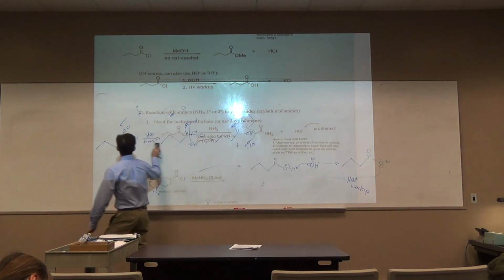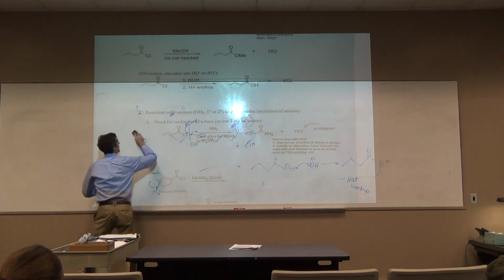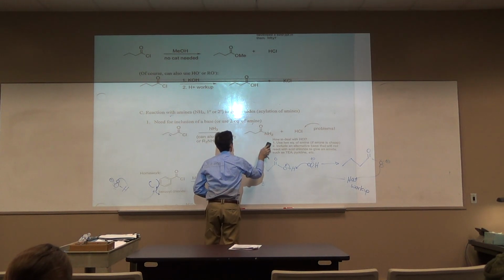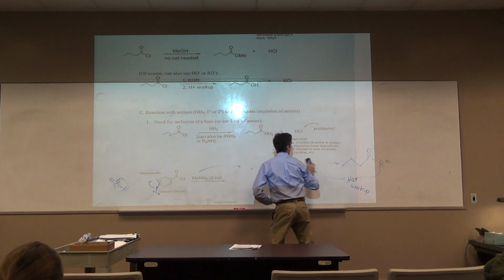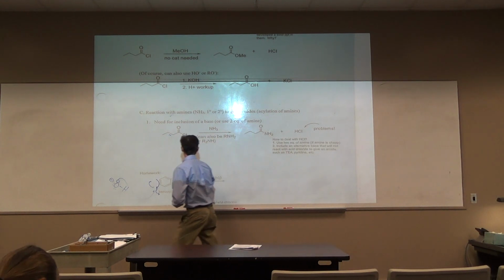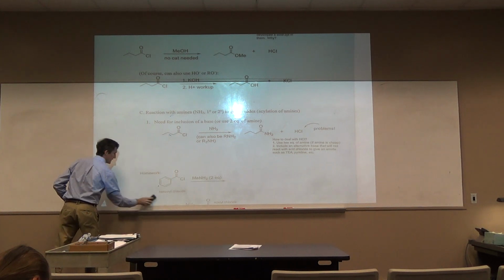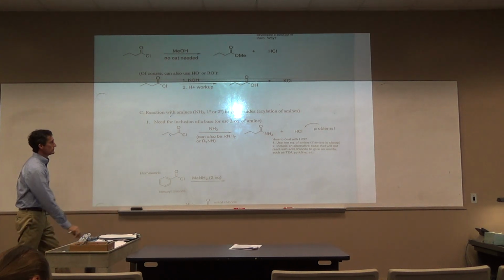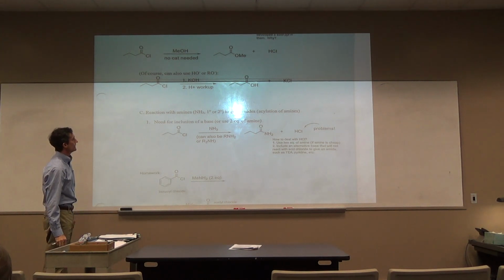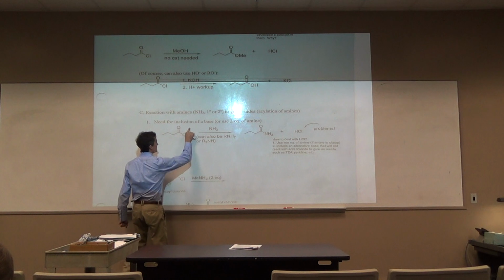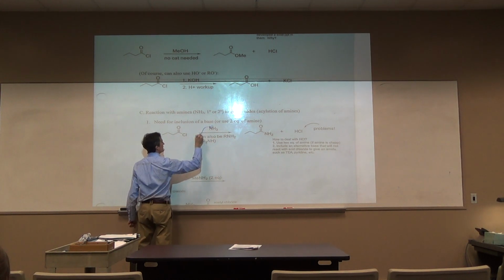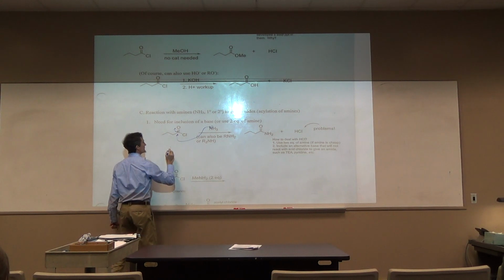Reaction with amines. If you take an acid chloride reacting with an amine, the simplest being ammonia, these electrons add to the carbonyl, electrons up.